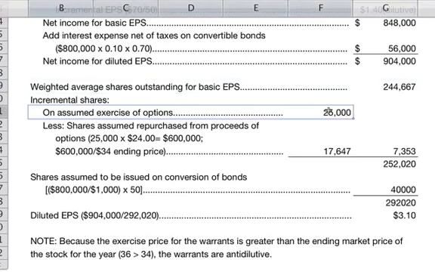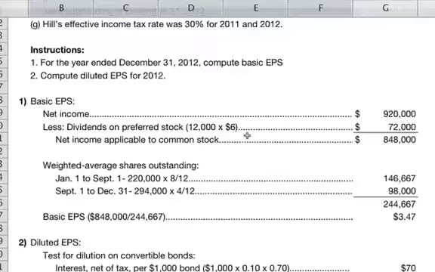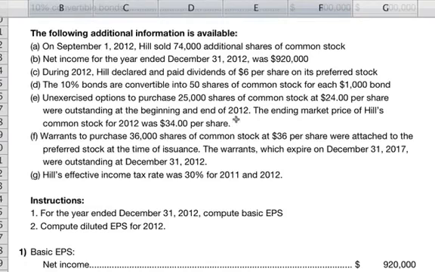Then if we assume that these options are exercised, unexercised options to purchase 25,000 shares of common stock at $24 per share were outstanding. The ending market price of Hill's common stock at the end of 2012 was $34 per share.